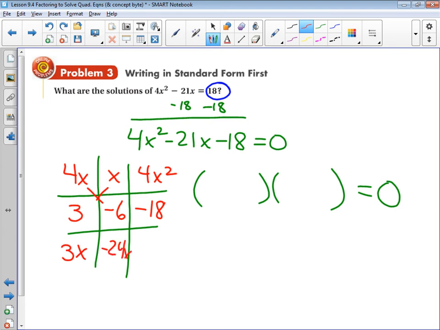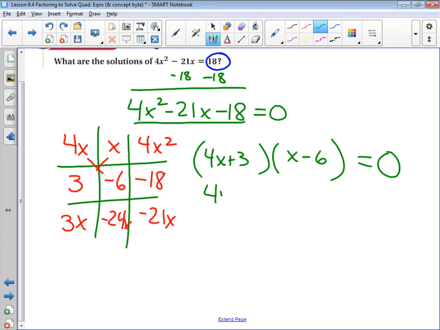Add those together, you get negative 21x. So this polynomial in factored form is 4x plus 3 and x minus 6. And to figure out the solutions, either one of these binomials needs to equal 0, so you set them equal to 0.